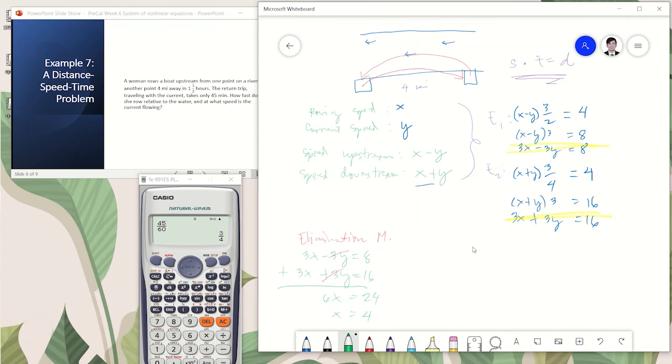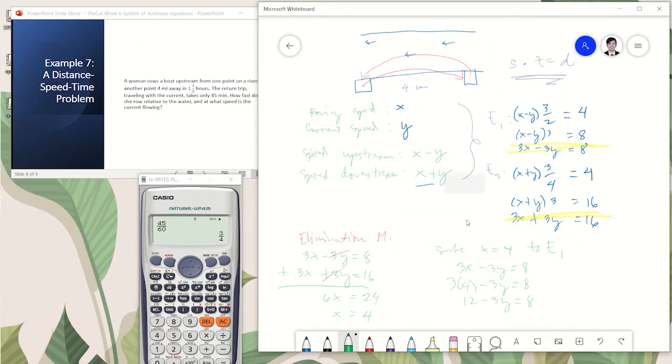And then, finally, you just have to substitute x is equal to 4 to our first equation perhaps. So 3x minus 3y is equal to 8. 3 times 4 is 12.